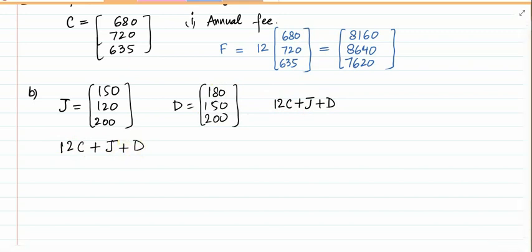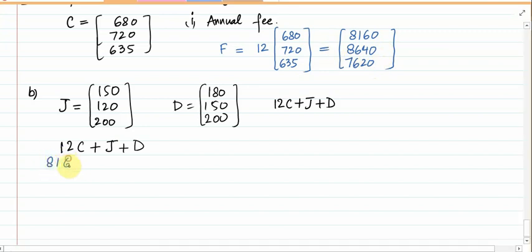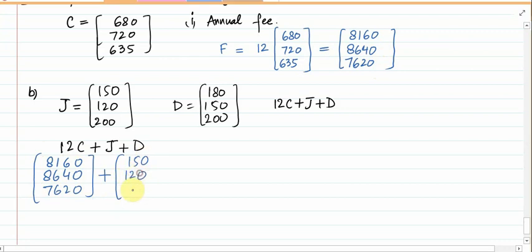Now what is 12C? Basically we found 12C in the first part, right? So 12C is 8160, 8640, 7620. Plus J, which is given as 150, 120, 200.